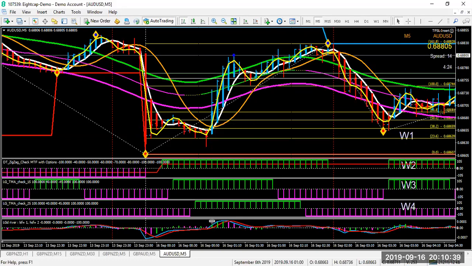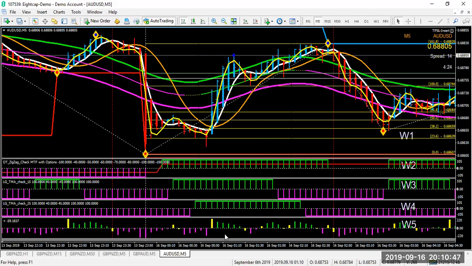Okay, but once again, had it, we'd still need to have window 3 and 4 green, etc. But we approach it pretty much exactly the same way and apply all the trade management tools to it.